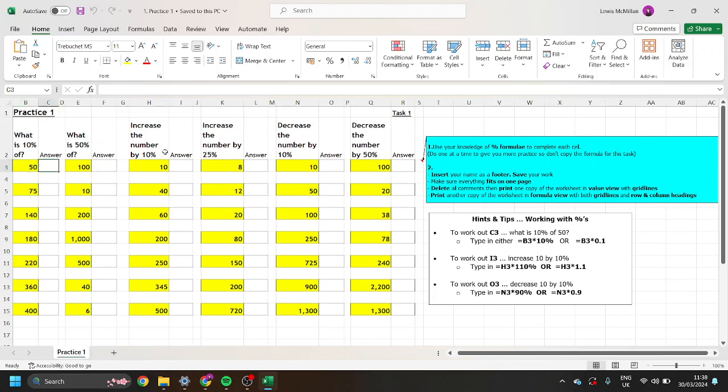It's very simple. All we need to do is start a formula, take our number and times it by 10%. Enter. That gives us 10% of 50. Now, you're being asked in this task to type the formula each time you do it. The reason we're asking you to do that instead of dragging it down is because we want there to be repetition.